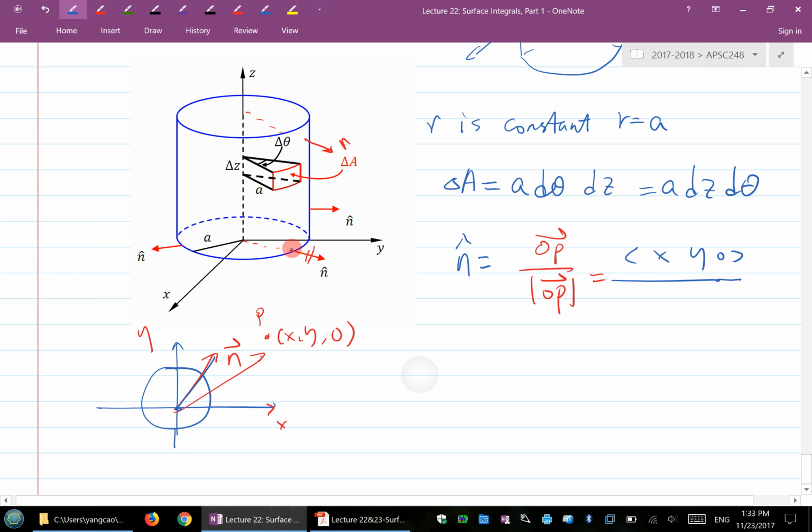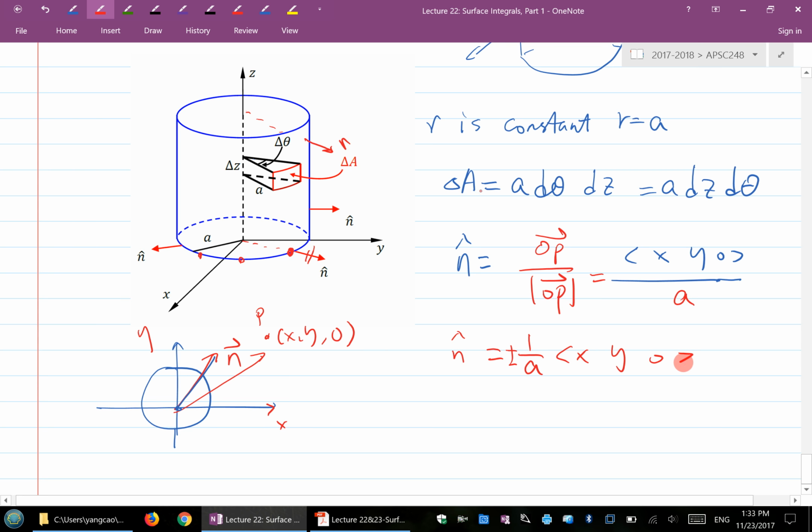The point P is at anywhere on the boundary of this circle. So the OP length is the radius of the cylinder, which is a. So that's your n hat, which is 1 over a times x y 0. I should have a positive and negative here because it could be pointing inward or outward. So that's your n hat, plus or minus 1 over a.